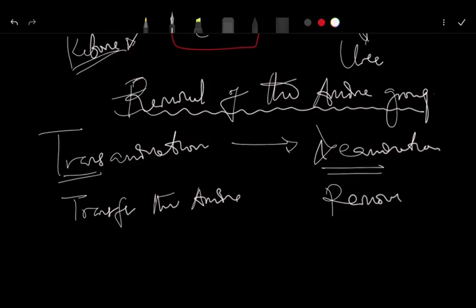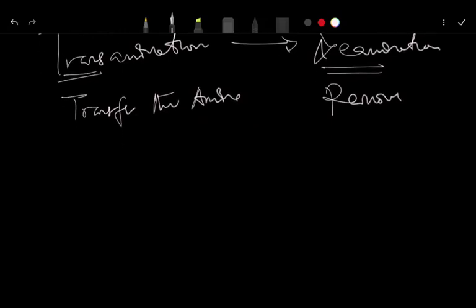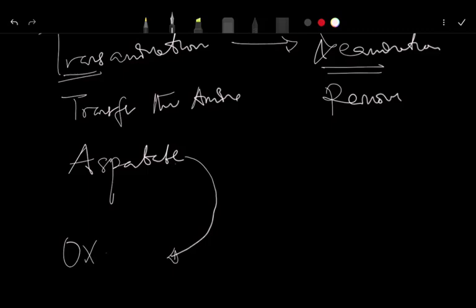Alright, so let me give you a practical example. Again, let me pick aspartate. If I pick aspartate now, we just draw the structure here. If aspartate wants to undergo the transamination reaction, once it removes the amino group, what will be left is what we call oxaloacetate.